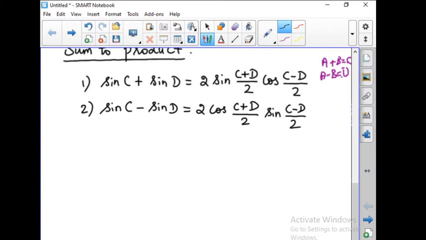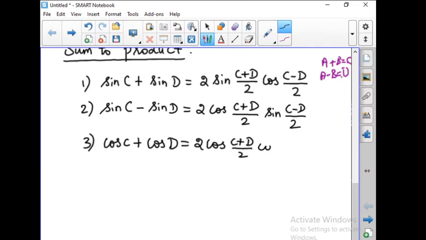Next, third formula, cos C plus cos D is equal to 2 cos (C plus D)/2 cos (C minus D)/2.